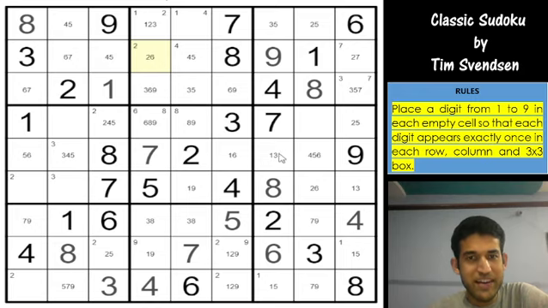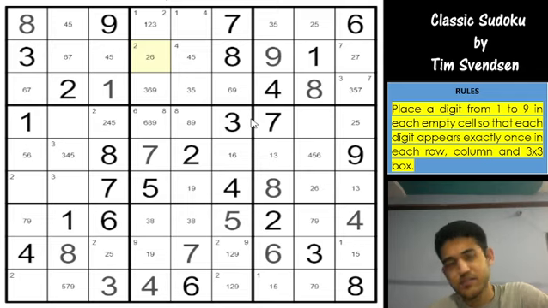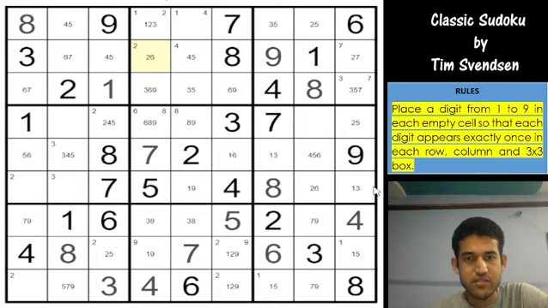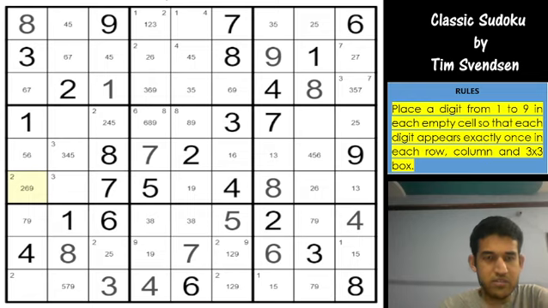Surely there must be something at least now in the Sudoku. Okay, if I look at this cell, it cannot be 1, 3, 4, 8 and 5 and 7. So this would be 2, 6, 9.